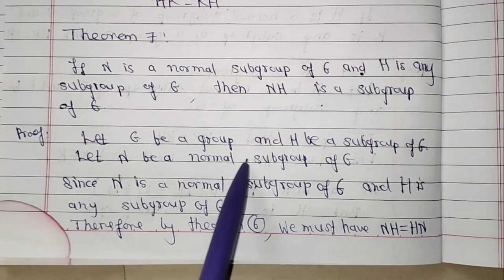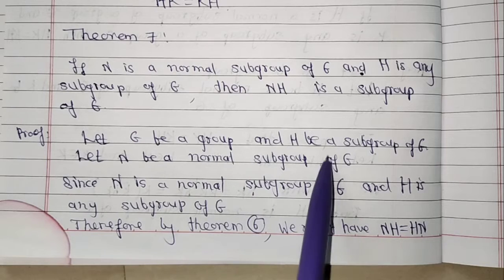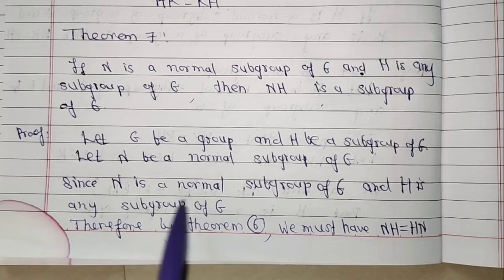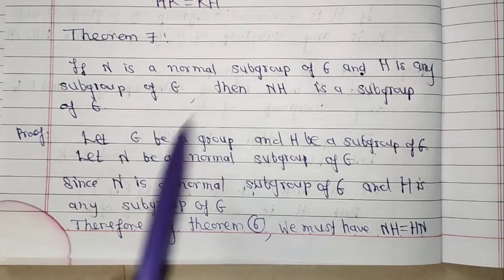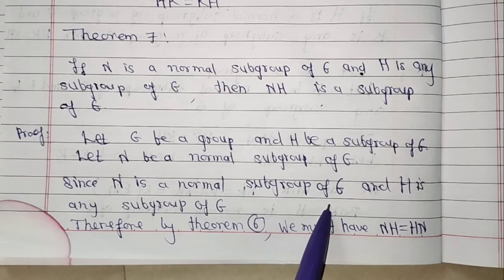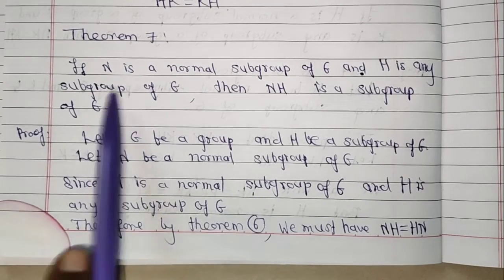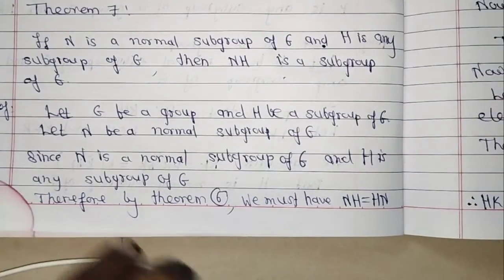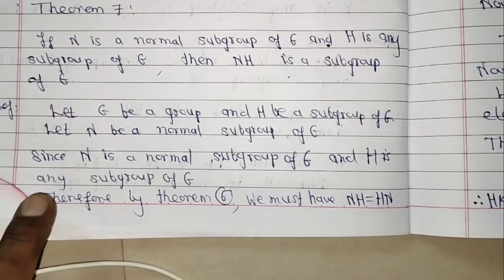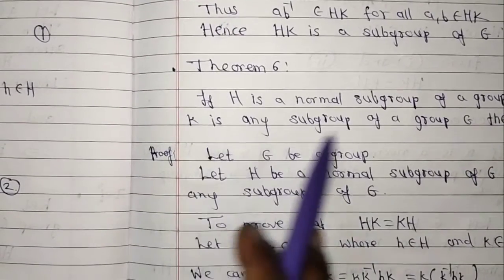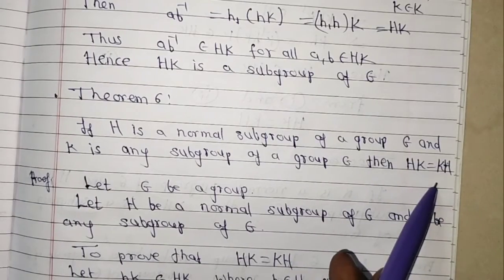Let G be a group and H be a subgroup of group G. Let N be a normal subgroup of group G and H be any subgroup of group G. Therefore, by the theorem we have just proved, if H is a normal subgroup and K is a subgroup, then HK equals KH.